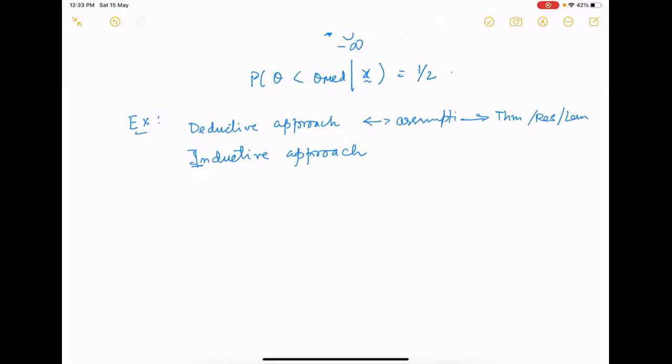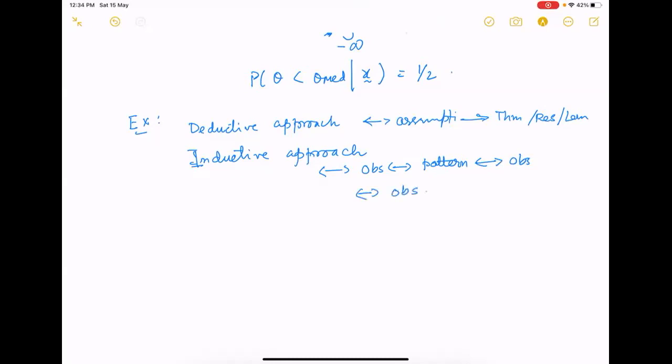In the inductive approach, you look into certain observations, then you try to find some pattern, and then you see more observations.